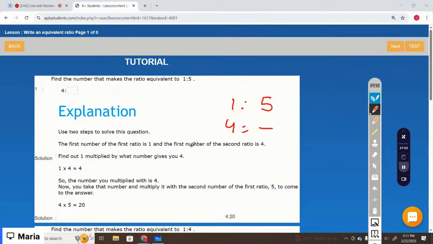Here you have 4 and the missing one, right? 1 times 4 is 4.